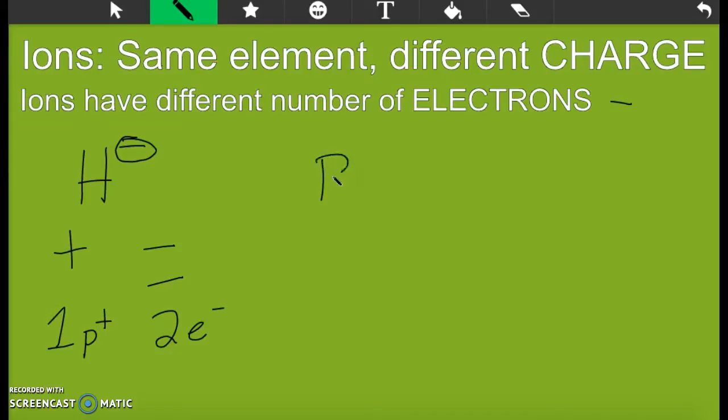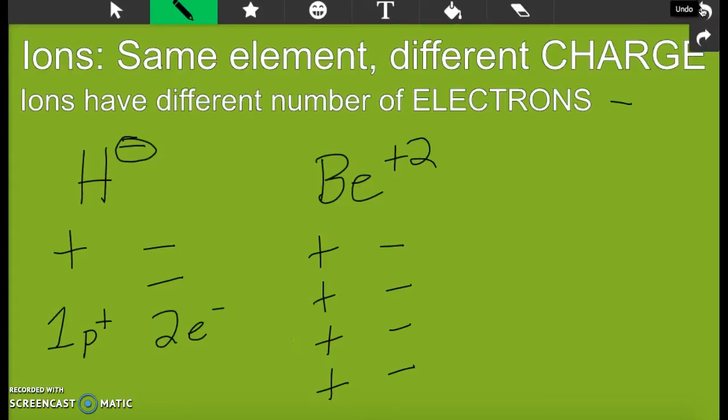What's a smaller one? Beryllium. Let's say beryllium has formed a positive 2 ion. Beryllium normally has 4 positives, 4 negatives, but we have a charge of +2. Since we can't change the number of protons, we can't just say it has 2 extra protons, because then it's not beryllium anymore, it becomes carbon. So get rid of those.